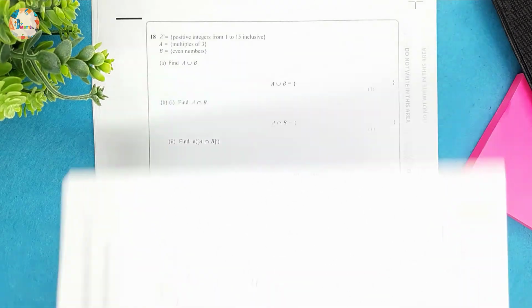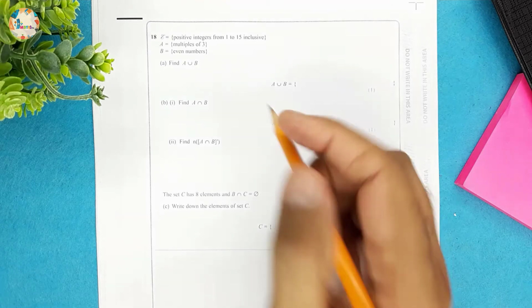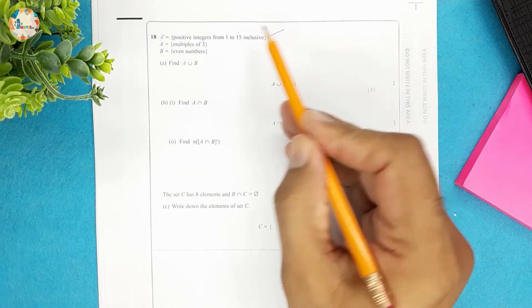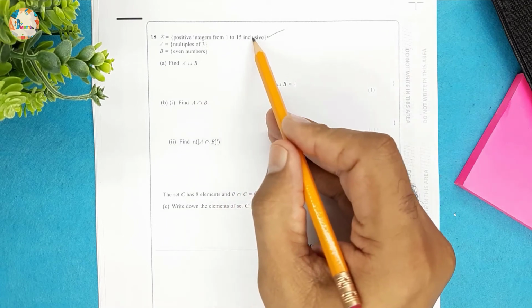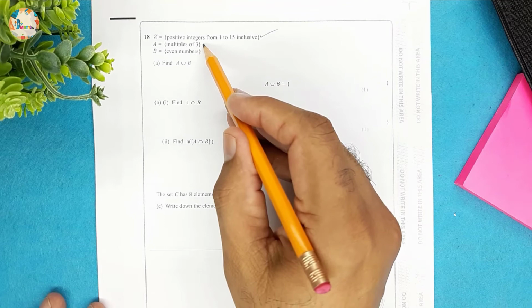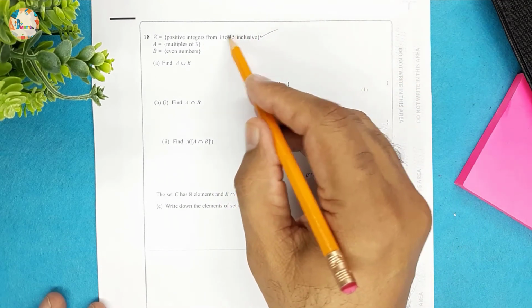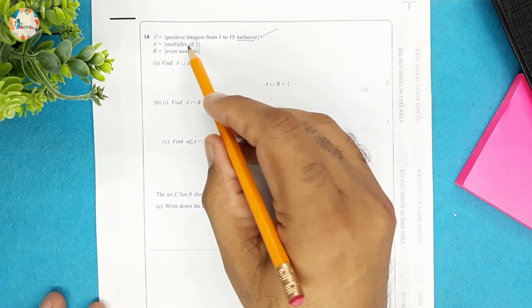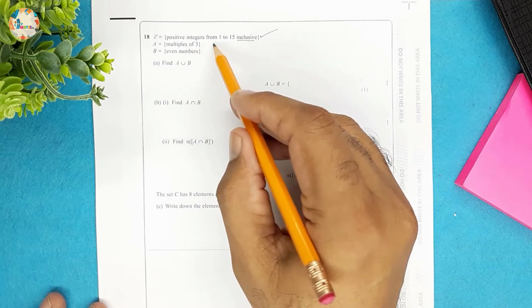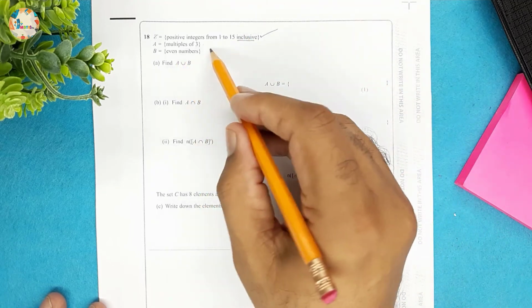Hopefully you understood this. Now this is question number 18, which is a sets question. Universal set is provided, positive integers from 1 to 15, and A is basically multiples of 3. So this will be from 1 to 15 all inclusive, and this will be multiples of 3, like 3 and 6 and 9 and those numbers, and B is even numbers.